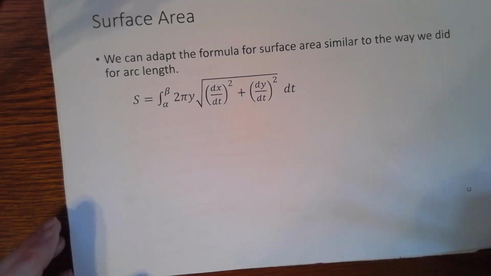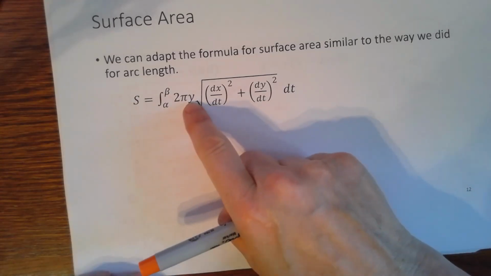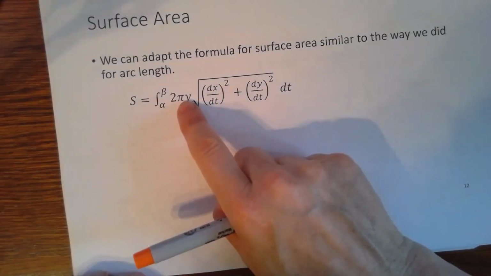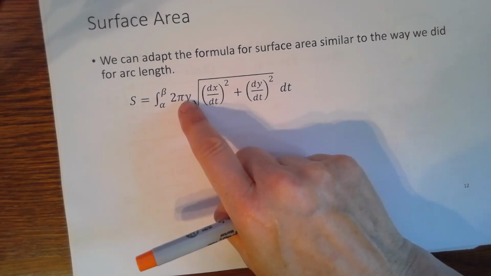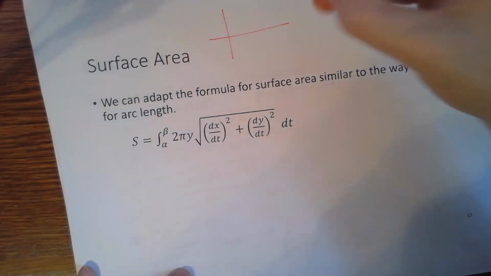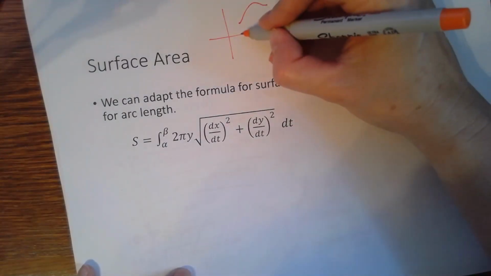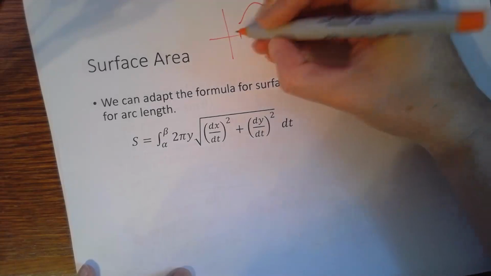If you remember, the way that you find surface area is 2 pi times the radius, which is y. If I were to draw a curve, let's say I'm taking some curve from point A to point B.